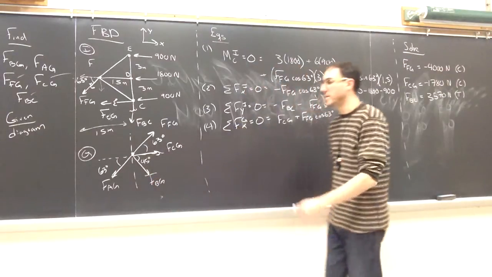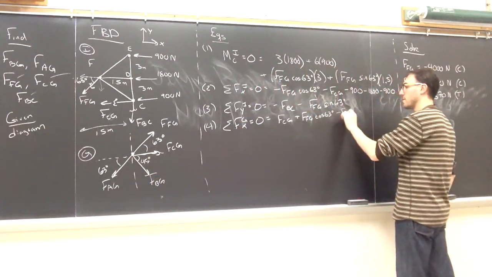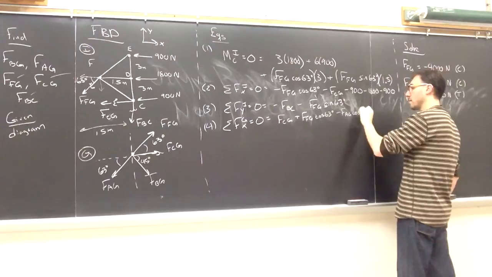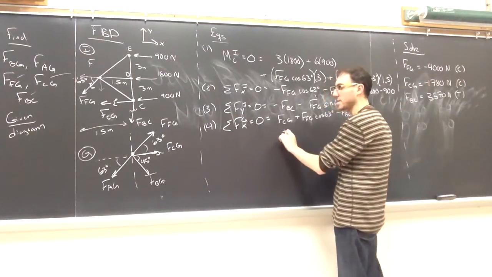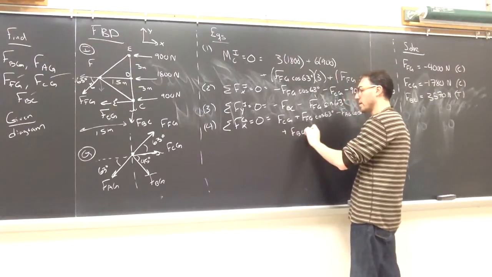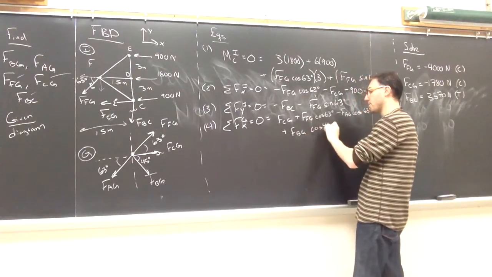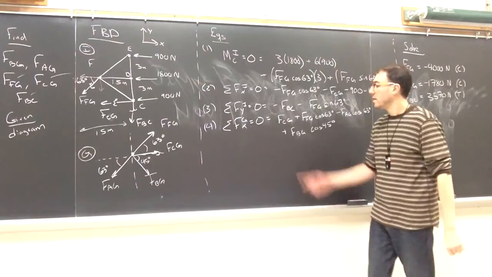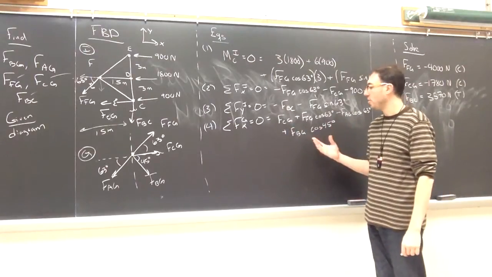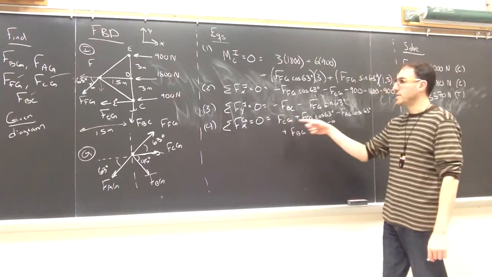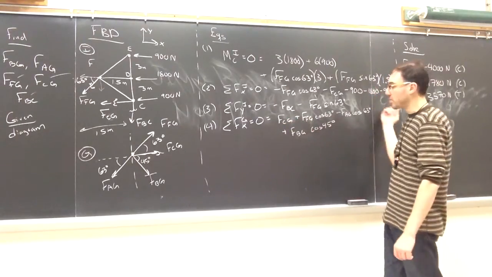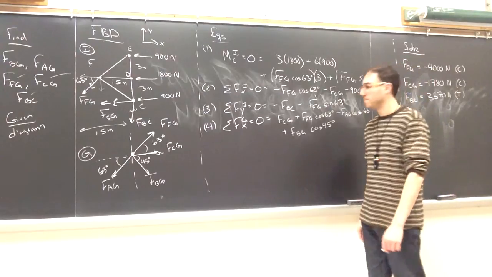Minus the AG to the left. And plus BG cosine 45 to the right. In this equation, like I said, we have 2 unknowns. AG and BG are both in this one equation. I know CG and FFG from before, so I can substitute those values in.